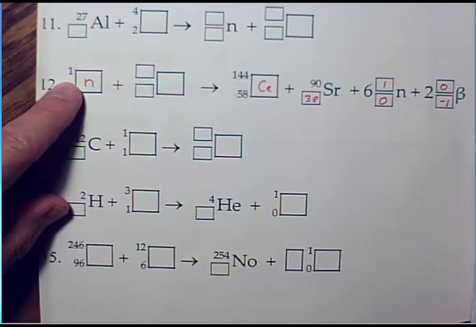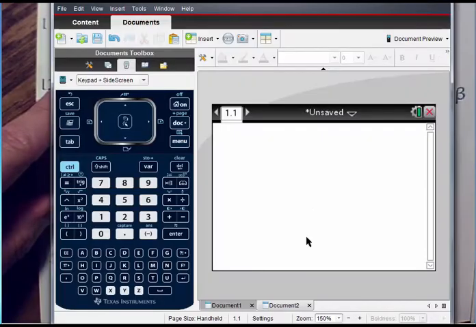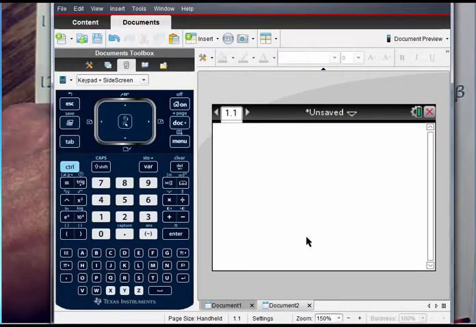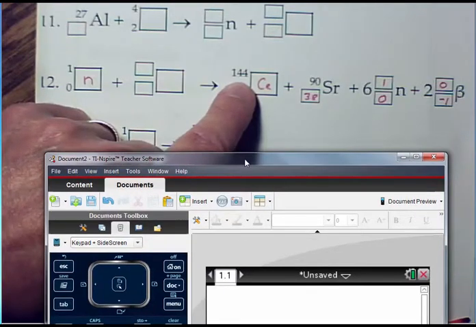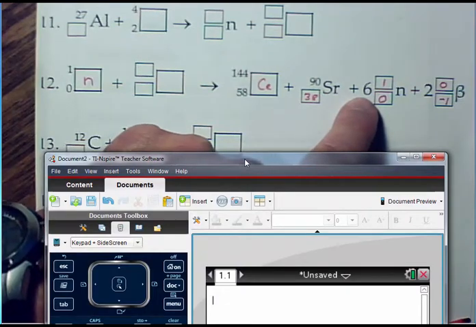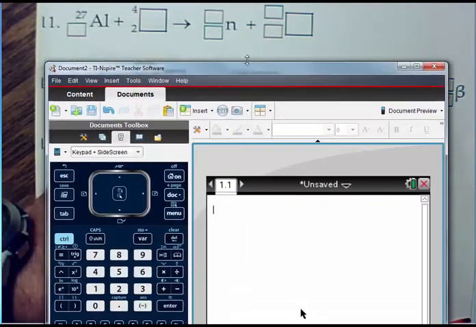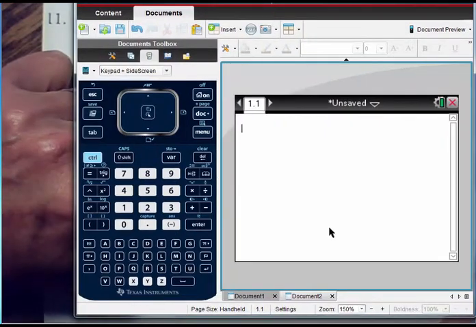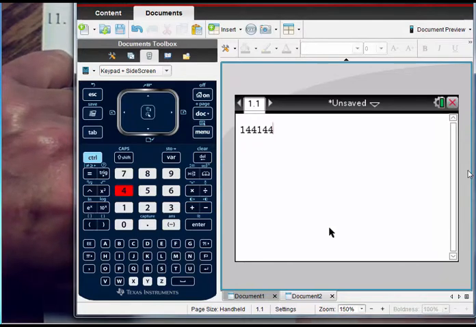So what we're going to do is add up the masses across the top here. We've got a mass of 144, a mass of 90, and a mass of 6 times 1, or 6. So 144 plus 90 plus 6.